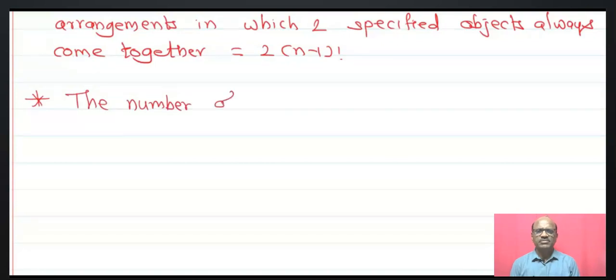When the two specified objects are taken from the n objects, the arrangement is 2 in bracket n minus 1 factorial.